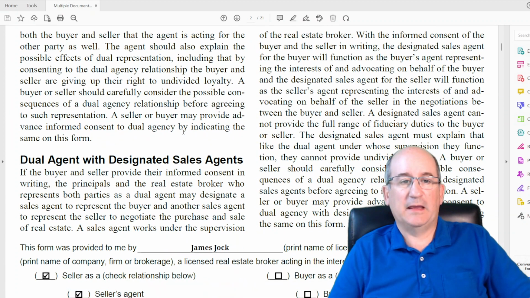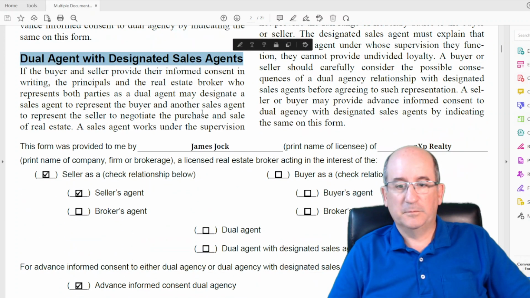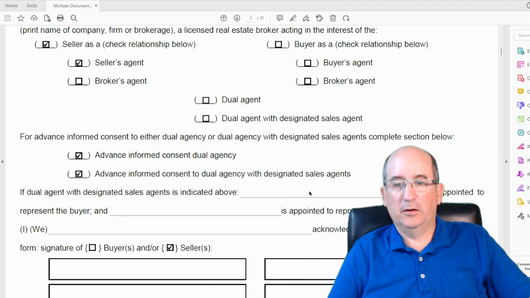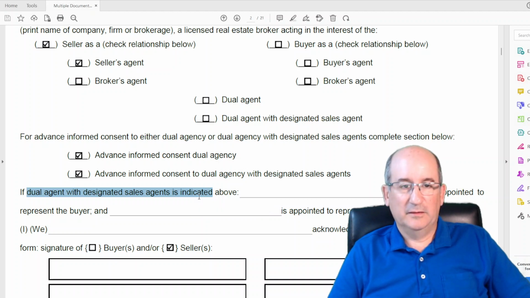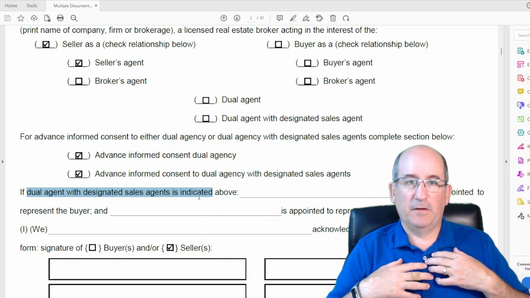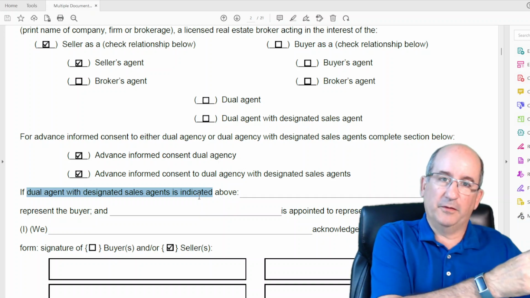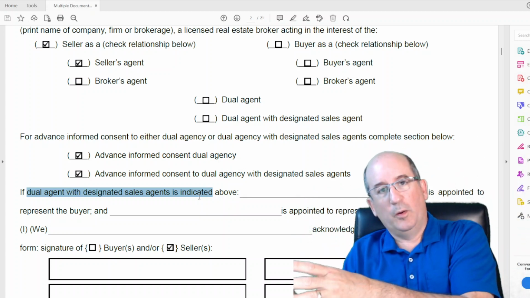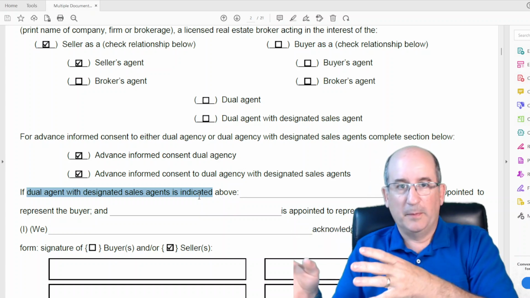So what happens in that case is it's dual with designated. And what that means is we would put the names here of who's working with the buyer and who's representing the seller in the transaction. And that's if dual with designated is indicated above. What that means is I represent the seller, and everything I know about the seller is kept on this side, and everything you know, other EXP agent, other same brokerage agent, about your buyer is kept on that side.